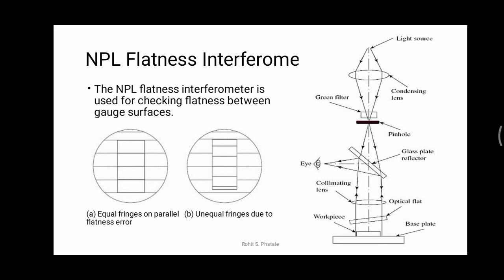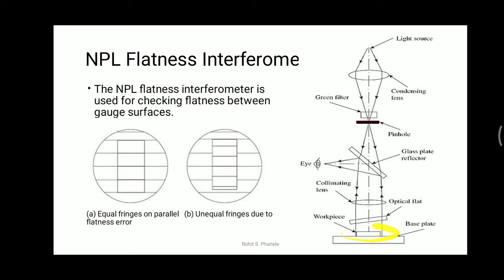Okay, now let us take a common example. Let us consider we want to find out the flatness of slip gauges, then we will put the slip gauges on this base plate, instead of the workpiece.